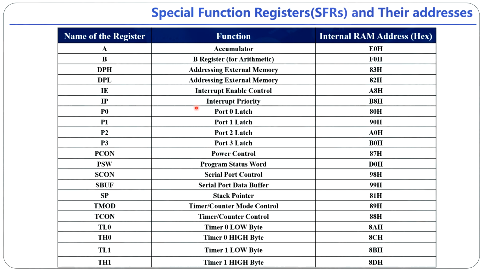The function of this register is interrupt priority. The location of this register is B8H. Okay. Next one, P0 register, that is the P0 latch. The location of this register is 80H. Understood?